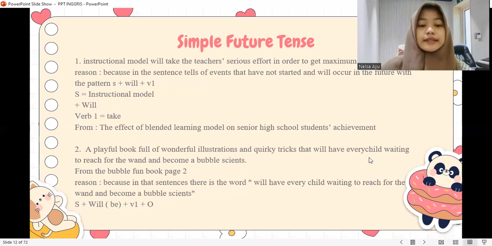For the example number 2: "A playful book full of wonderful illustrations and quirky tricks that will have every child waiting to reach for the next one and become a bubble scientist."